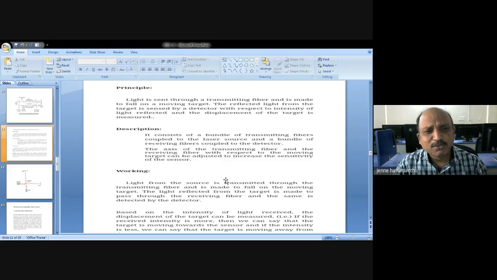Everybody knows how we establish an optical link. Any optical link can be established with sources available on the transmitter side and detectors on the receiver side.